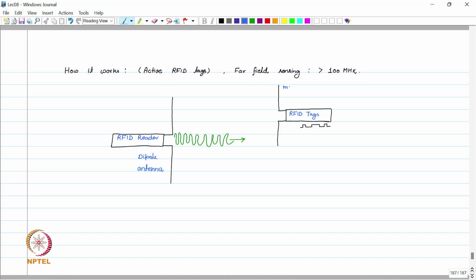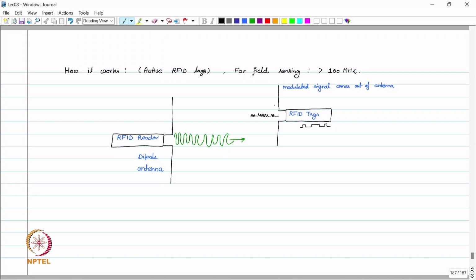This is modulated signal, which comes out of antenna, which can be typically like this.